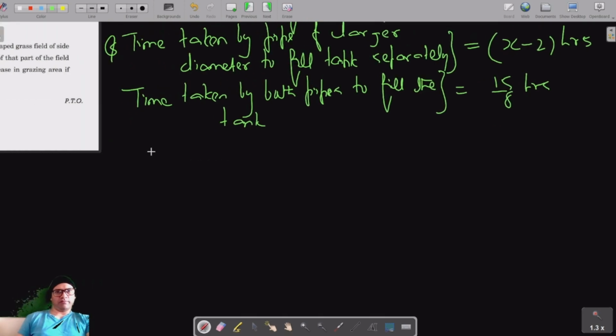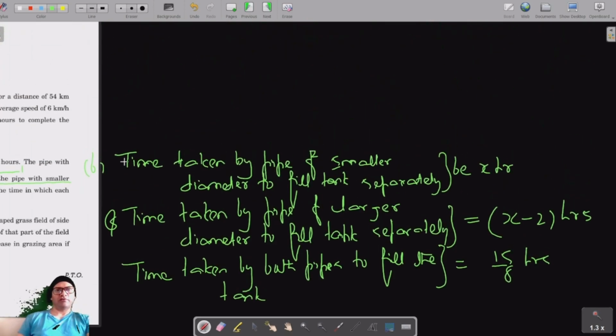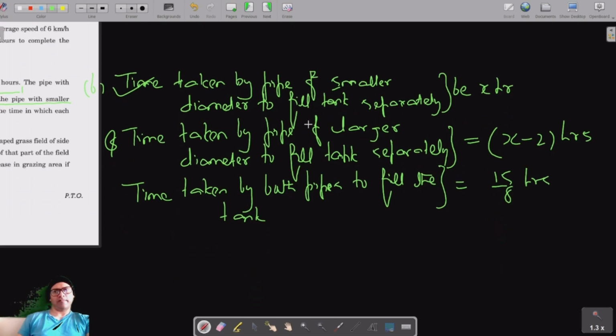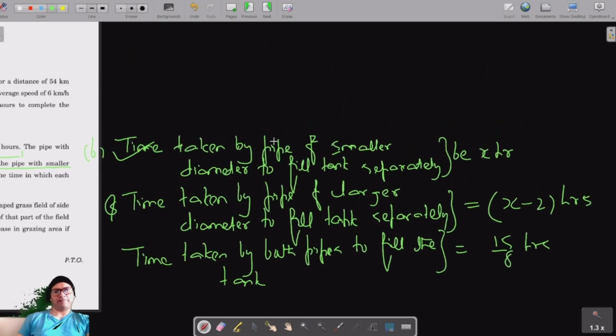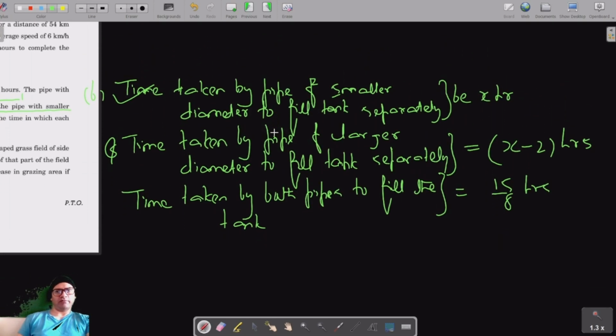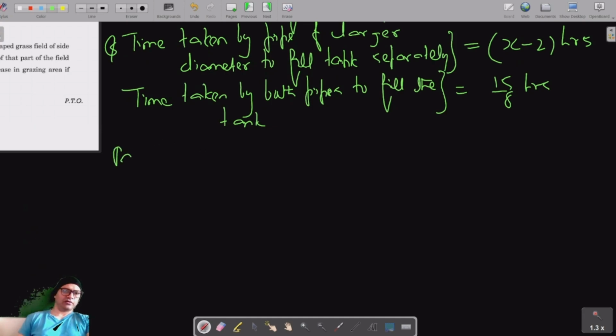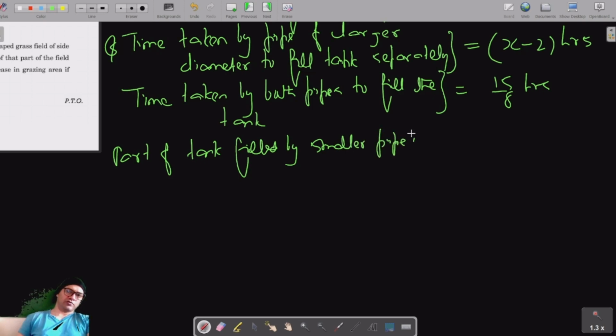So from this we can get the part of tank filled by the pipe of smaller diameter in 1 hour, which will be 1 by x.